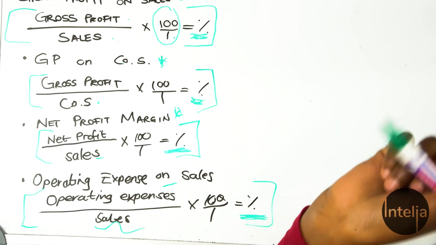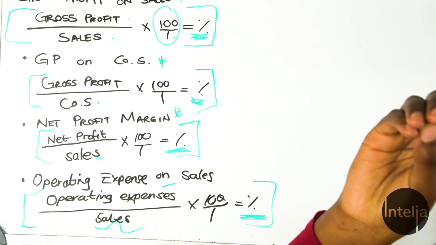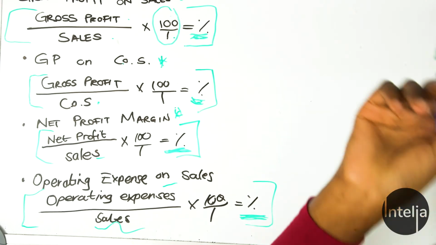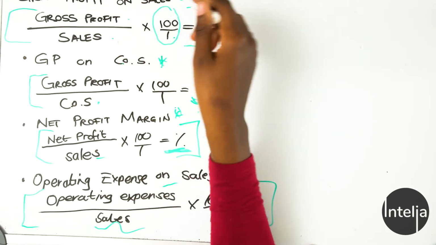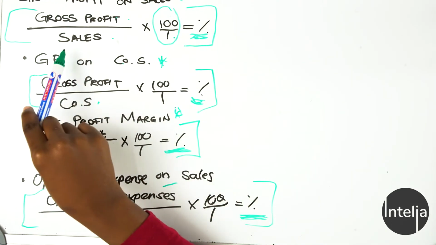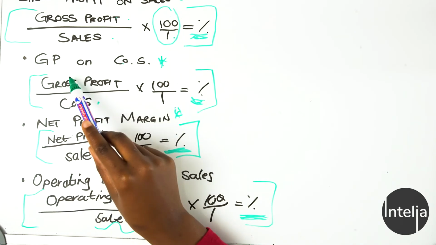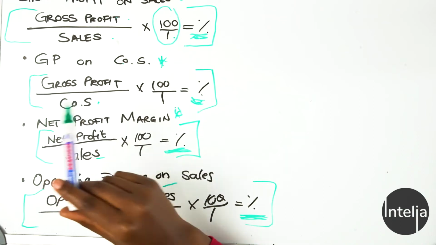So another thing that I was saying, we'll look into how to trick or sort of remember the formulas, right? For profitability, it's really cool. Where it says gross profit on sales, it is literally gross profit divided by sales. Where it says gross profit on cost of sales, it is literally gross profit divided by cost of sales.